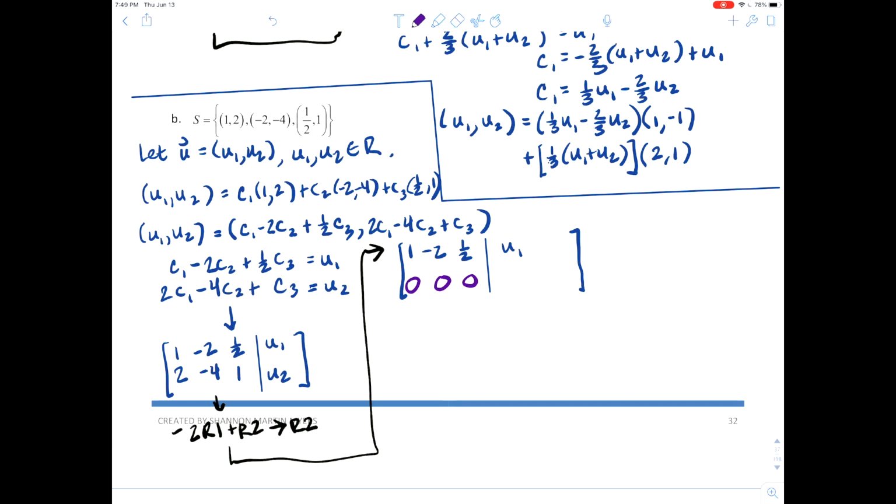And let's see what happens for our constant column. We'll end up with -2 U1 plus U2.